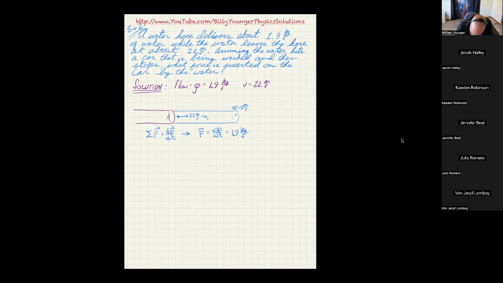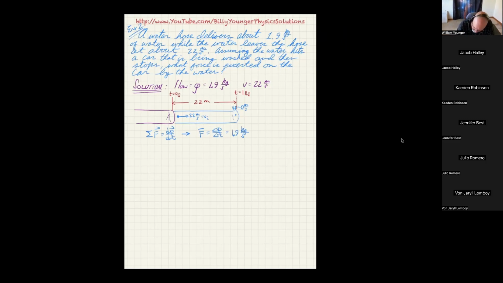So if you looked at, for instance, 1 second of time, we could say, okay, this is t equals 0 seconds, and this is t equals 1.0 seconds. And what we're realizing with this is that this distance, which is 22 meters, is the distance that one particle, or that 1 kilogram, for instance, of water would travel. Or in this case, 1.9 kilograms would travel. So you can sort of think of it that way.